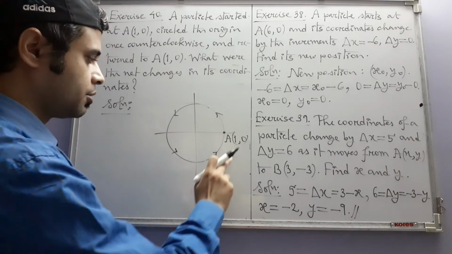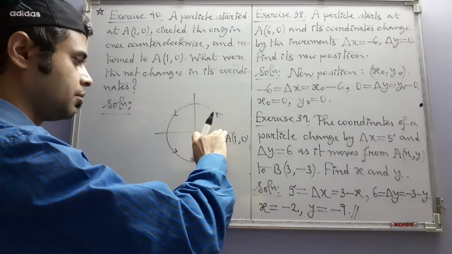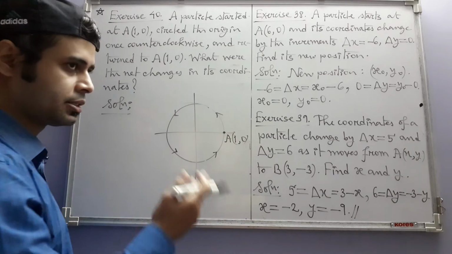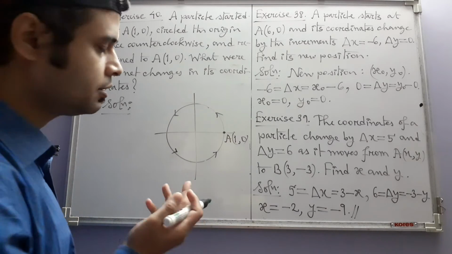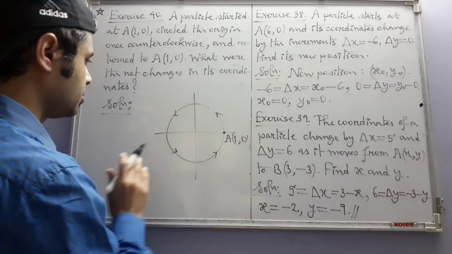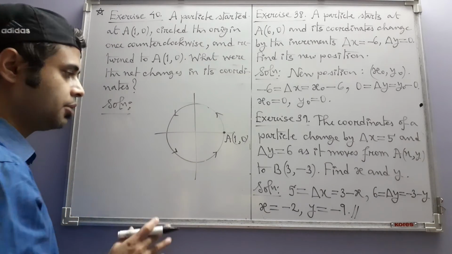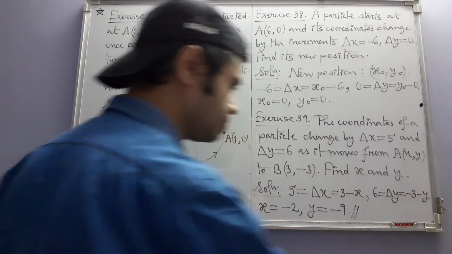No net change, because the coordinates of the initial point and the final point are the same, because the points themselves are the same. So both the increments are equal to 0.